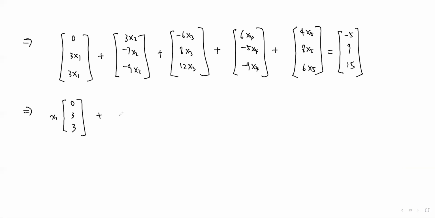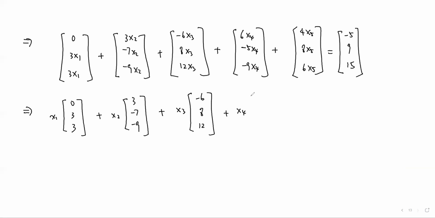Take x2 out. 3, 7, 9. Take x3 out. 6, 8, 12. And then x4 out. And then x5 out.